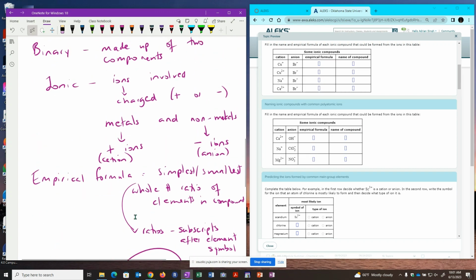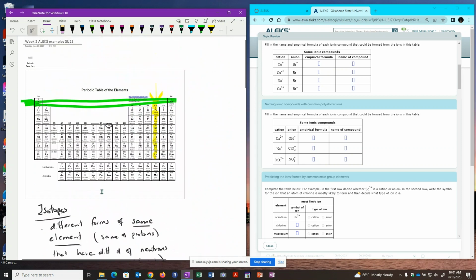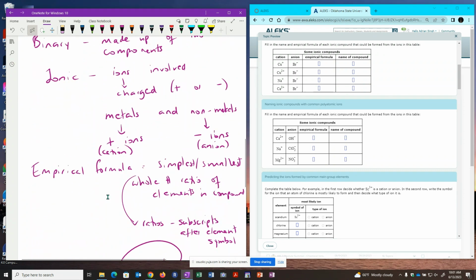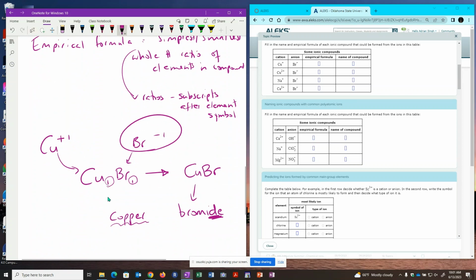Copper is an example of one of the metals found right here in the middle of the periodic table. That's a transition metal, which means that it can have variable or different charges. If that's the case, we need to specify the charge on the copper ion. Well, we were told that it was copper 1 plus, so we put the charge right after it in parentheses as a Roman numeral. So that's a Roman numeral for 1.